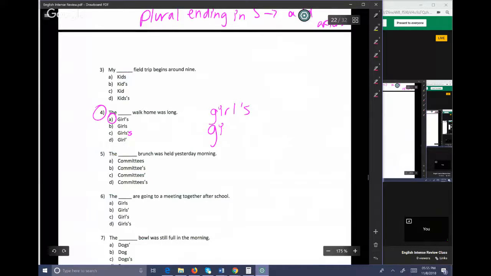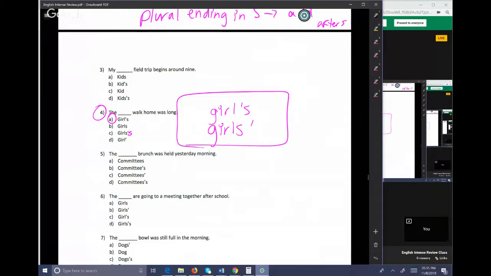If it's two or three girls that have a long walk home, we do that. There is no way to prove that one of those is better than the other because we don't know if we're talking about one or multiple. But with the corrected answer choice on C, all the other options do not work. They'll only give you one of the two correct possibilities if there is actually more than one.